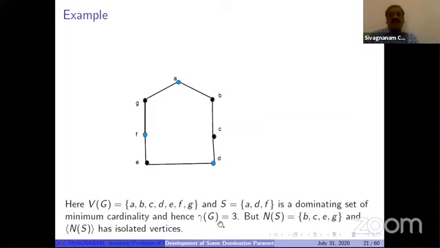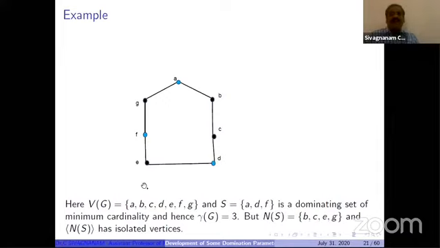Okay, C7 gamma equal to 3. So A, D, F. Now for this S, I am finding N(S). What is N(S) here? N(S) means the neighbors of the vertices available in S. So G is a neighbor of A, B is a neighbor of A, C is a neighbor of D, E is a neighbor of F. So what are the vertices? B, C, E, G. These are available in N(S).